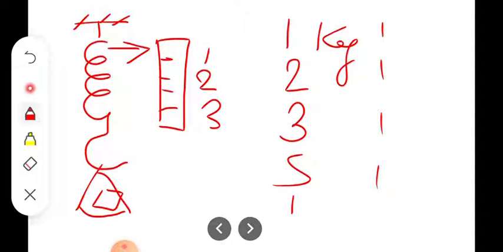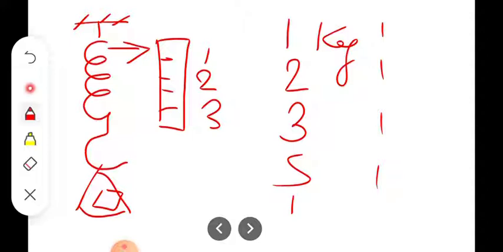So what we will do is place the weight in the pan, and for that unknown weight there will again be a deflection of the pointer along the scale. The pointer of the spring balance will match with the marking provided on the measuring scale.